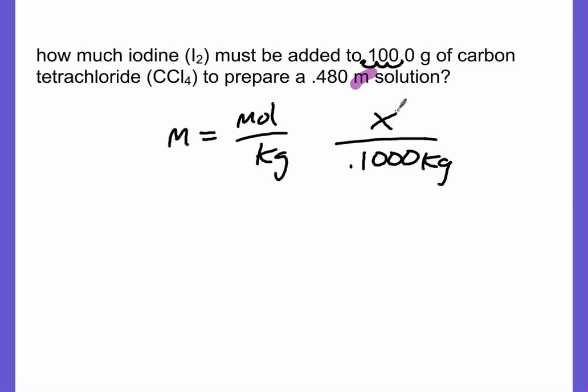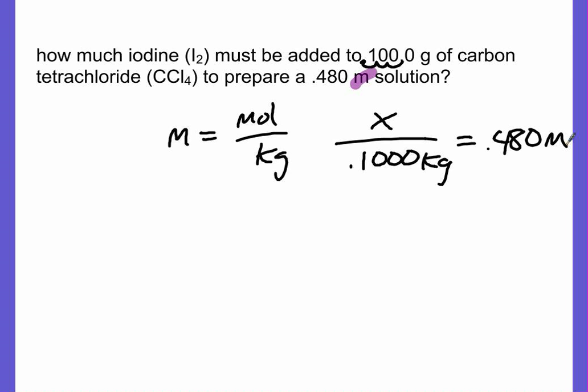And that's going to be my variable. That's what I don't know. But it should be equal to that 0.480 little m, for molal. And all I have to do is solve for my variable.